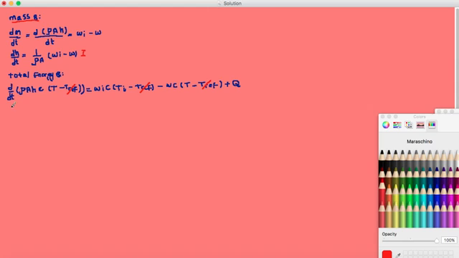We can also, knowing that rho A C is constant, just pull them out of the derivative operator, and we will have H and T inside the operator.